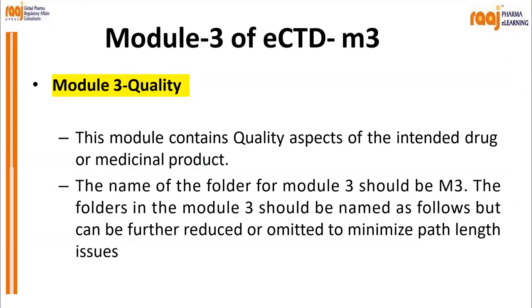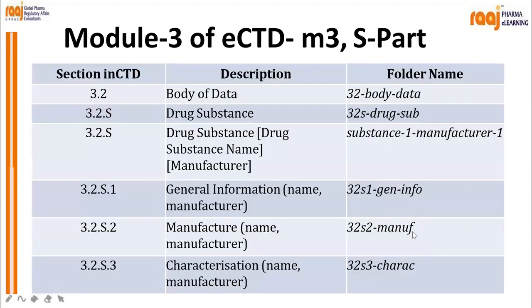Coming to module 3, which is also a very important module of quality, this module again is divided into drug substance and drug product, which is called 3.2.S and 3.2.P. So the name would be M3, and module 3 should be named as follows, but can be further reduced to minimize the pathway.